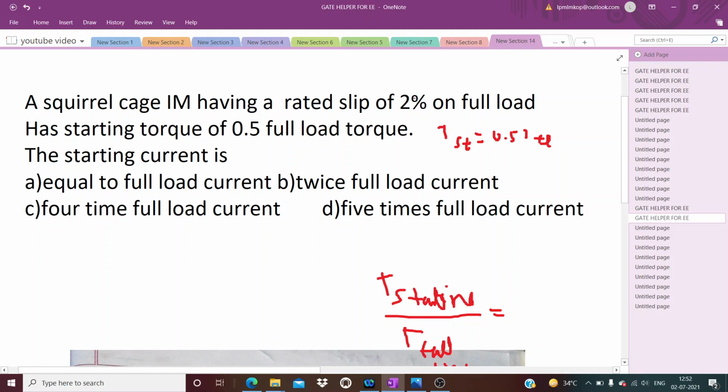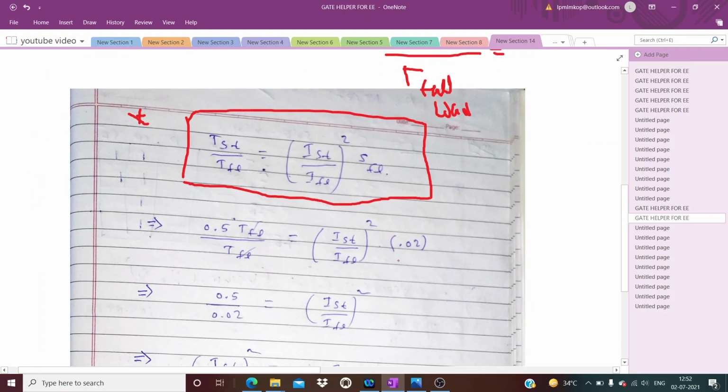This is the full load slip, 2%. So this is what is written.